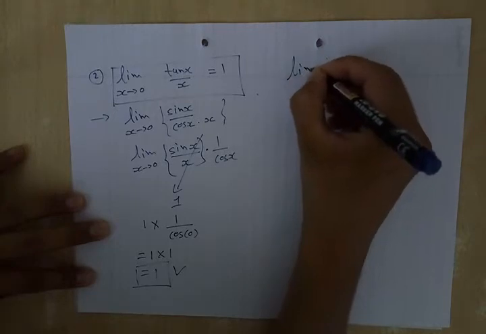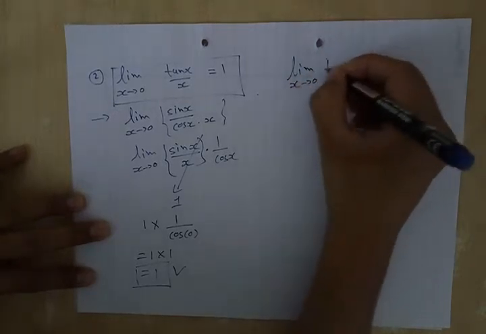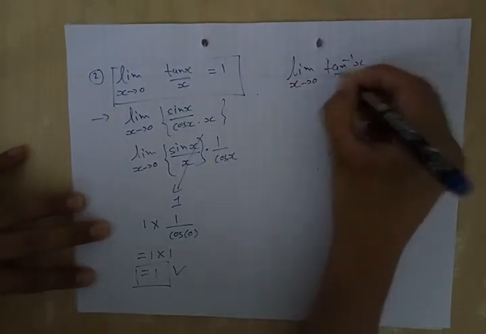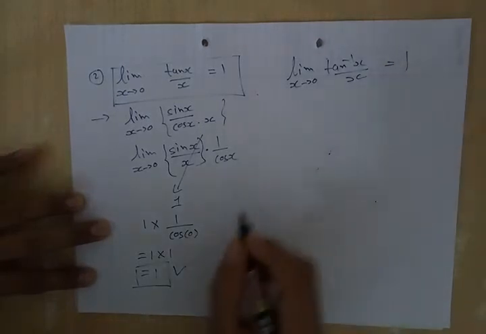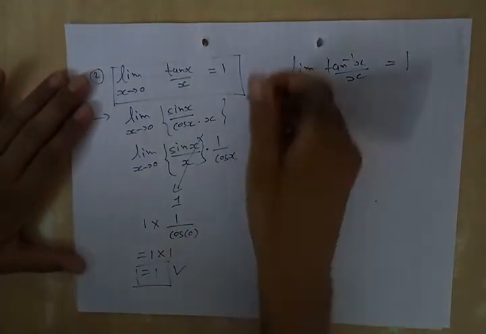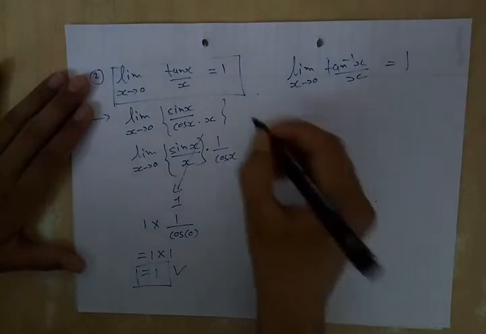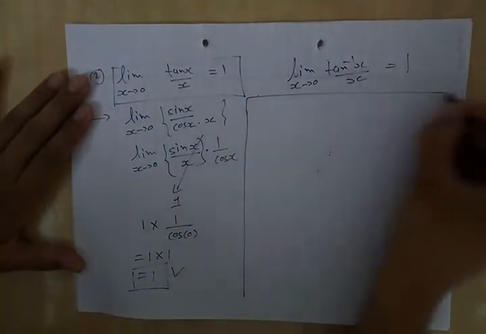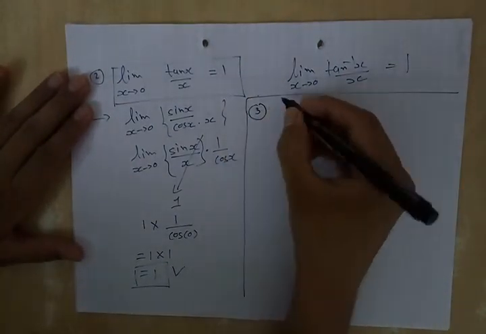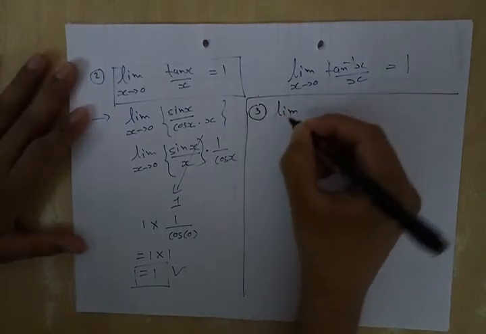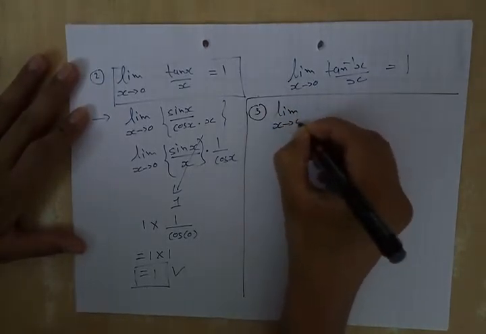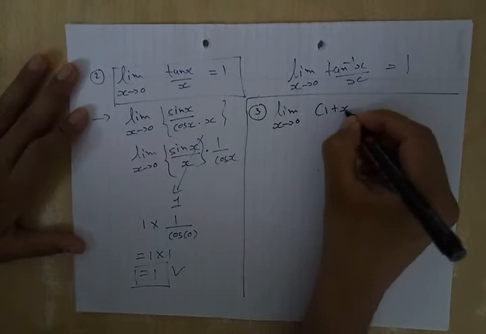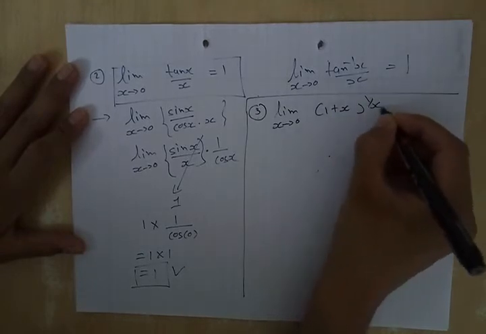Similarly, we can prove that limit x tends to 0 tan inverse x upon x is equal to 1. Now formula number 3, which is limit x tends to 0 1 plus x raised to 1 upon x.